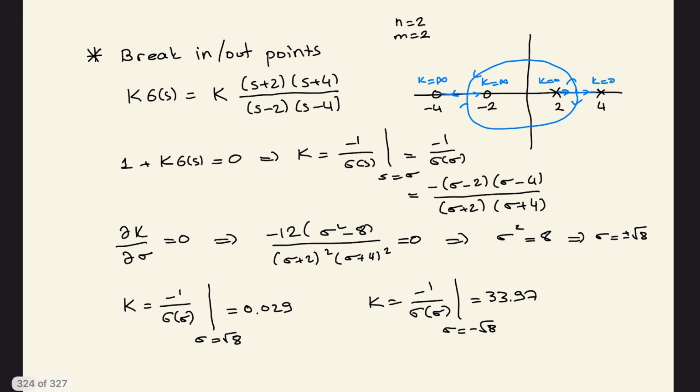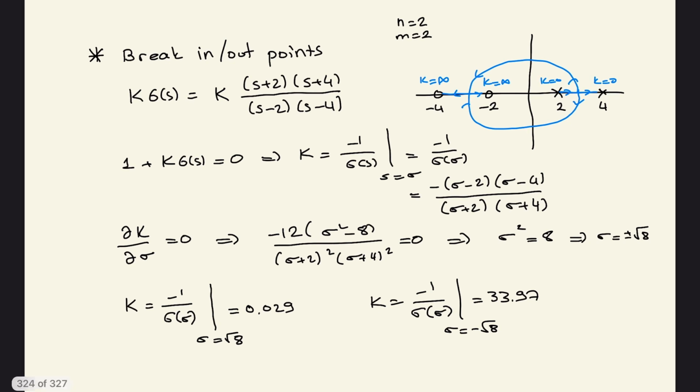On the real axis, the root locus exists between here and here, and there, skipping the second gap, and here. Now, the root locus must be symmetric with respect to the real axis, rule number 1. So the only way that they go from here to there is this shape. Acknowledging the fact that at poles k equals 0 and at zeros k equals infinity, we put arrows like this.